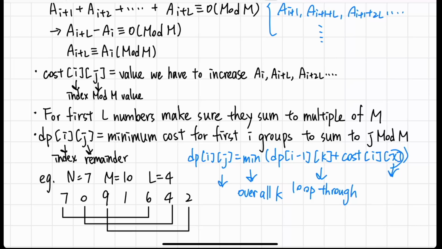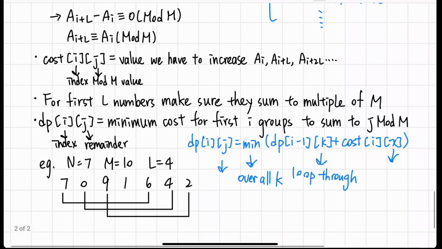This value x would be determined by k and j, which we will look into in more detail when we look at the code. And this ensures that after we add this cost, dp[i][j] is the minimum cost for the first i groups to sum to j mod m.